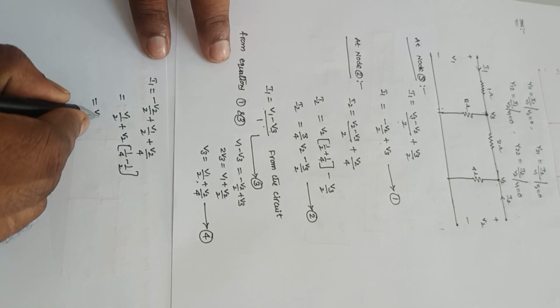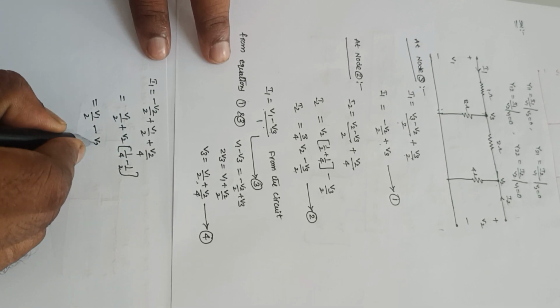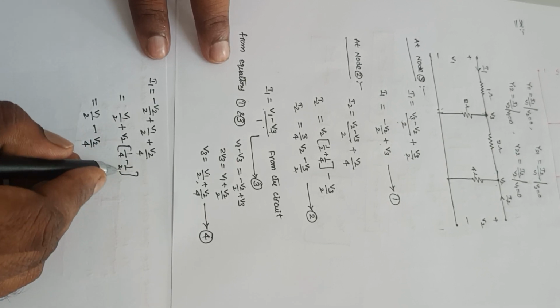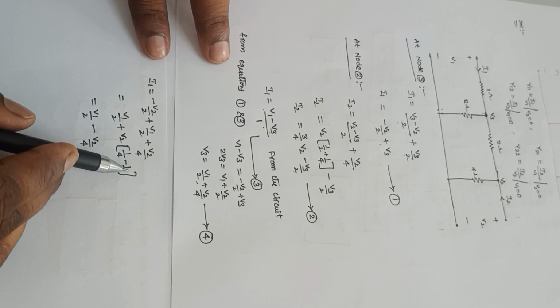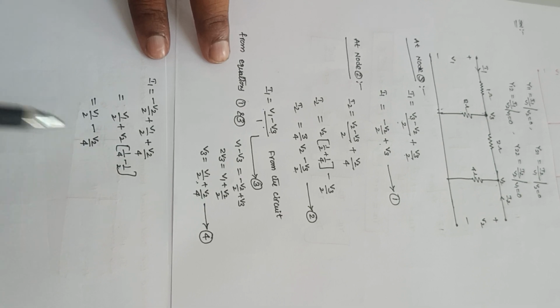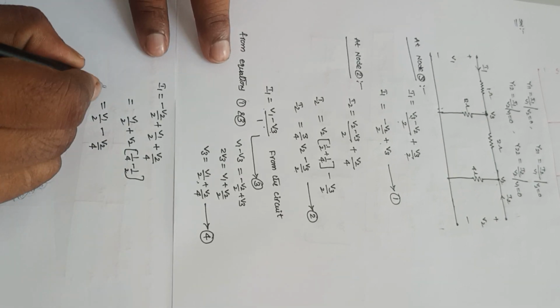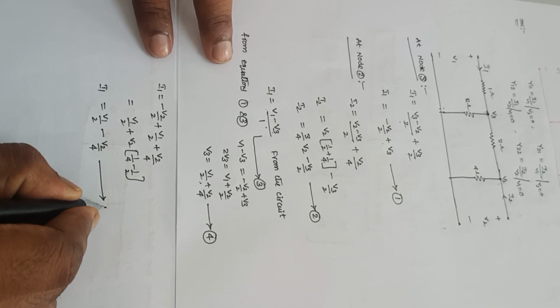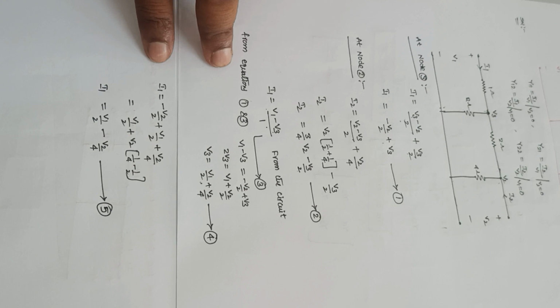So V1 by 2 minus V2 by 4, that is 2 by 4. So 1 minus 2 is minus 1 by 4, so it is V2 by 4. So this is I1. Let me take this expression as equation 5.